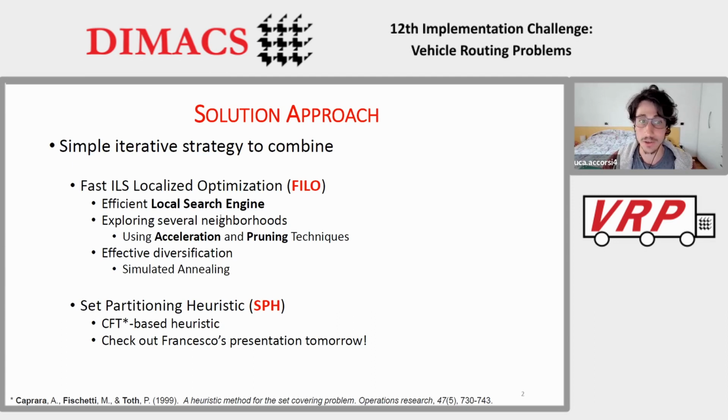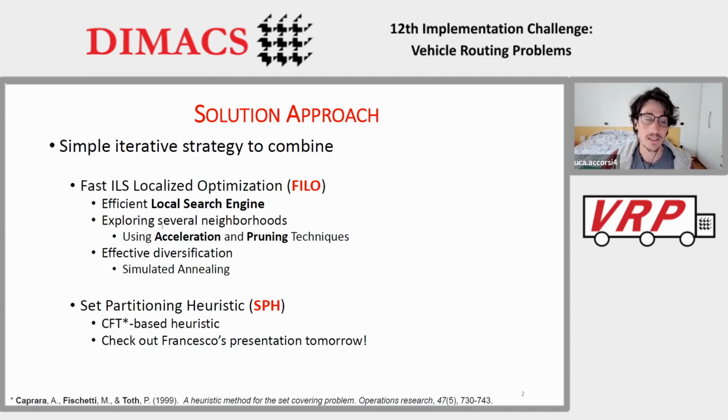First of all, FILO, which stands for Fast Iterative Local Search Localized Optimization, is an algorithm which I published with Daniele some time ago, but that has seen a major revisiting together with Francesco. Its main components are an efficient local search engine, which explores several neighborhoods in a variable neighborhood descent fashion.